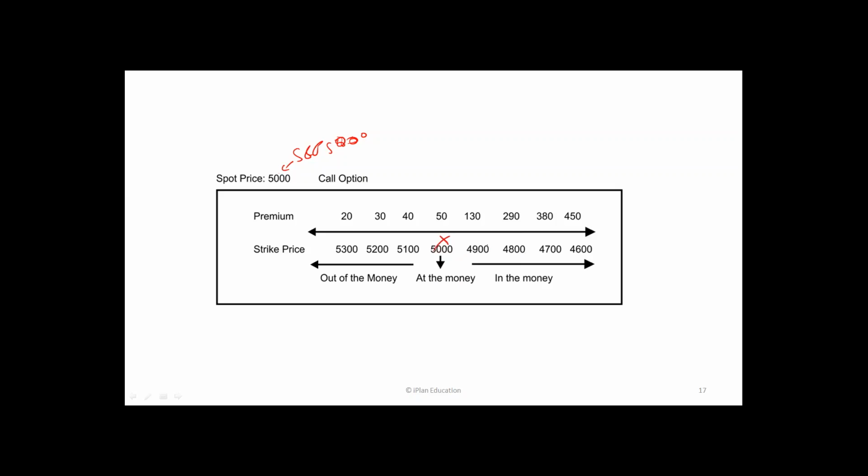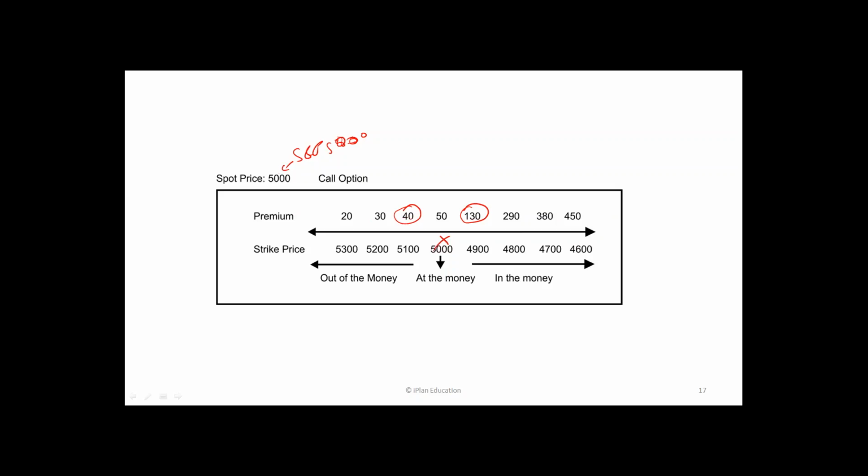If you're buying a call option costlier than the market, that is out of the money. Now, if we look carefully, the premium we have listed here is less for out of the money contracts and a little higher for in the money contracts. As you go deeper in the money, you have a higher premium. If you go deeper out of the money, you have a lesser premium.